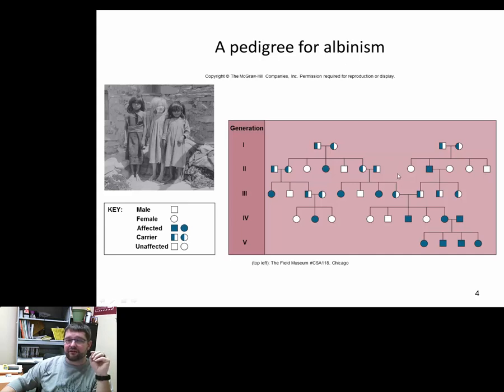And the other key thing is, if we say there are carriers, heterozygotes, we're not saying that they're affected, we're saying they're carriers. You know that it's not a dominant trait, if it's Mendelian genetics and not something like incomplete dominance or codominance. So in this case, we know that this is a recessive disorder, or recessive situation.